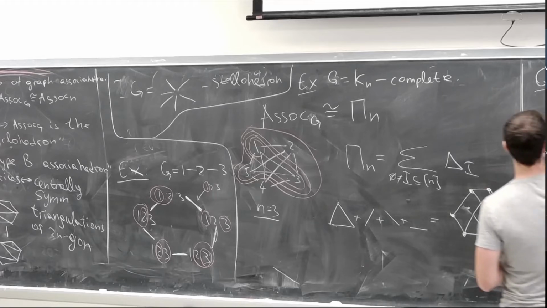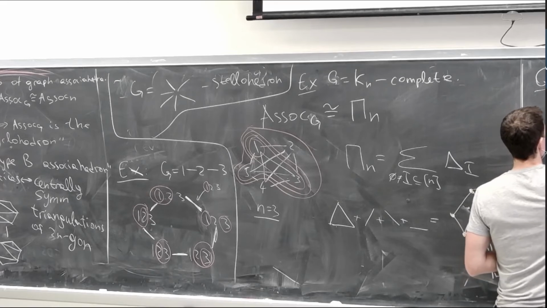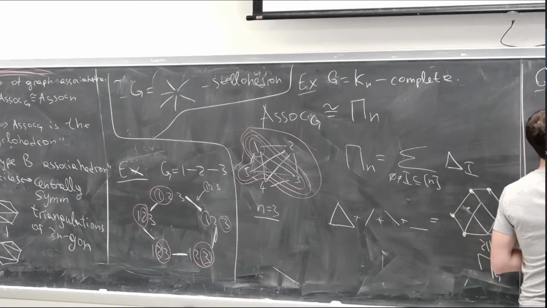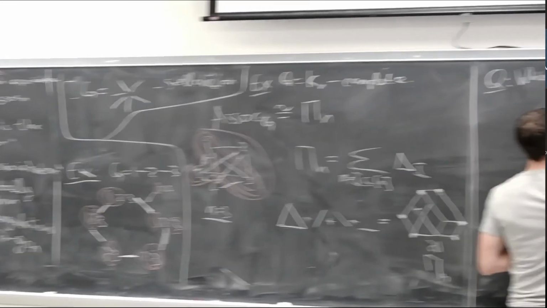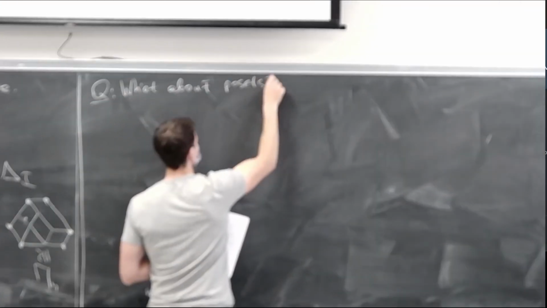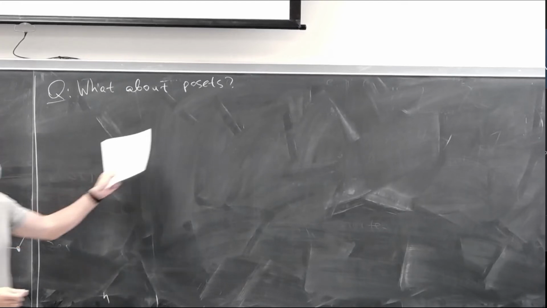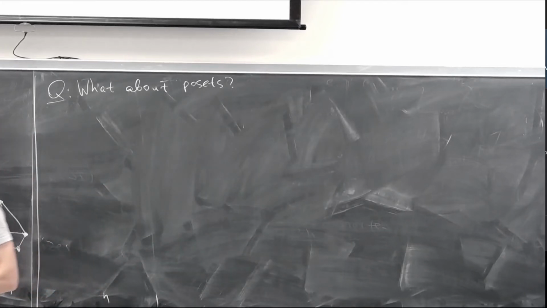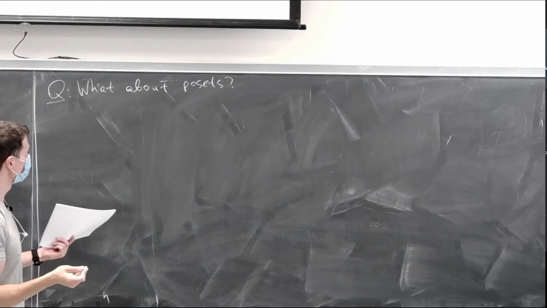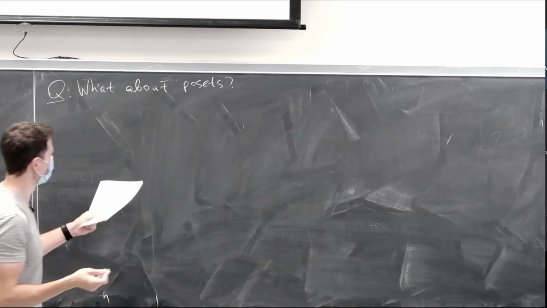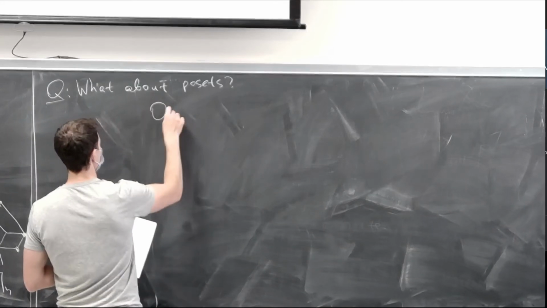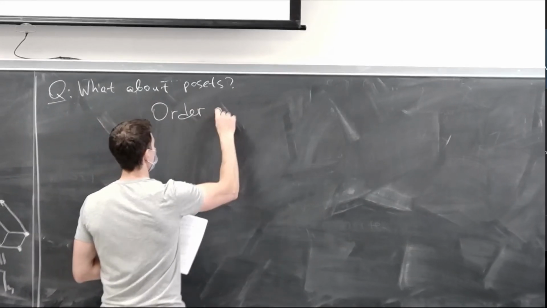Well, what about not graphs but posets? Do you get an associahedron for every poset? Or what kind of polytopes can you associate to a poset? That's the next theme. And one natural family of polytopes is the order polytope.